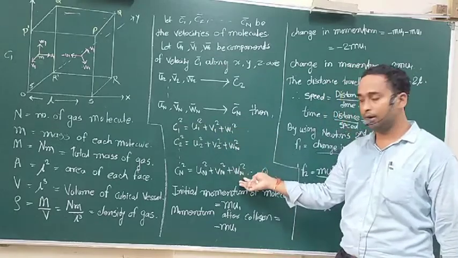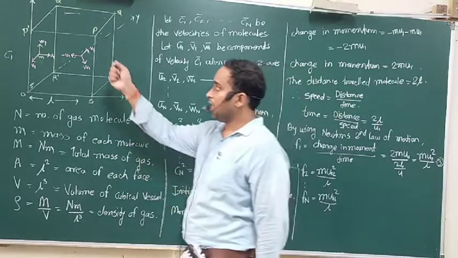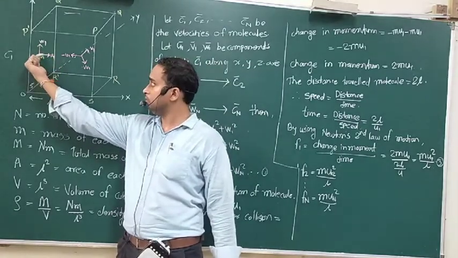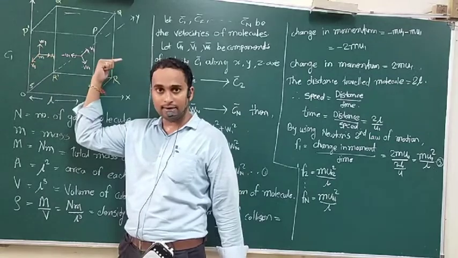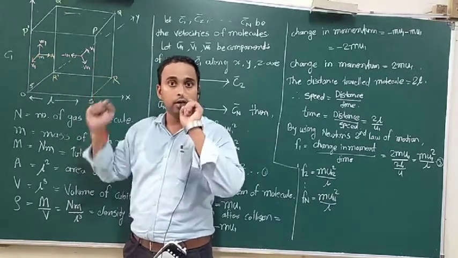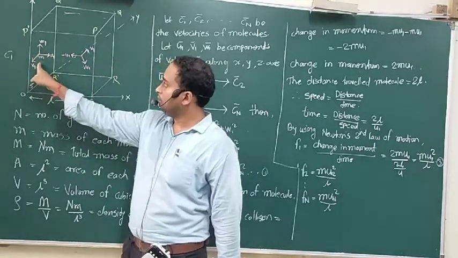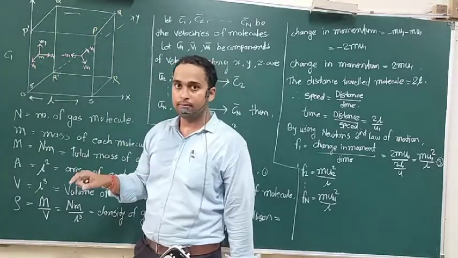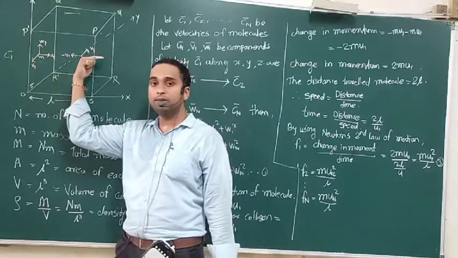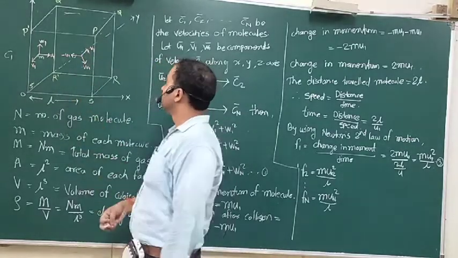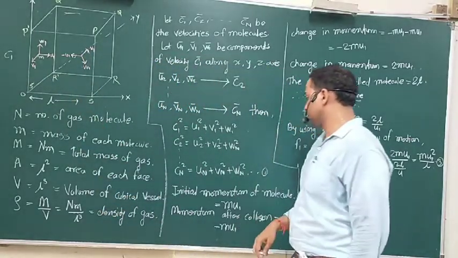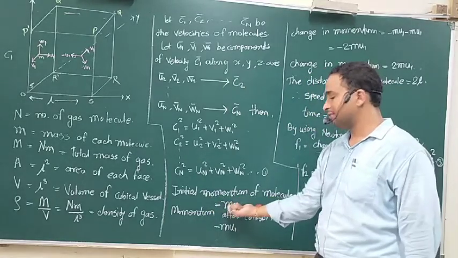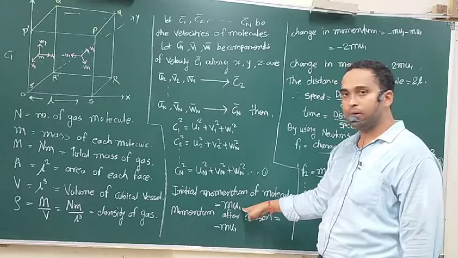Similarly, we can calculate. Now let us consider a molecule of mass m moving along the x-axis with velocity u1 towards the wall PQRS. The initial momentum of the molecule is mass into velocity, that is m into u1.